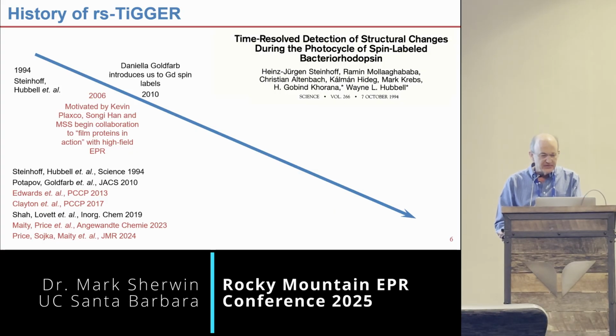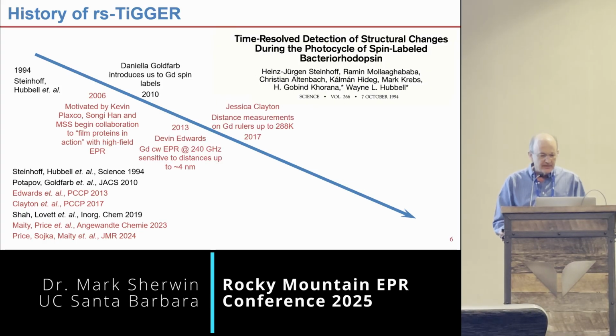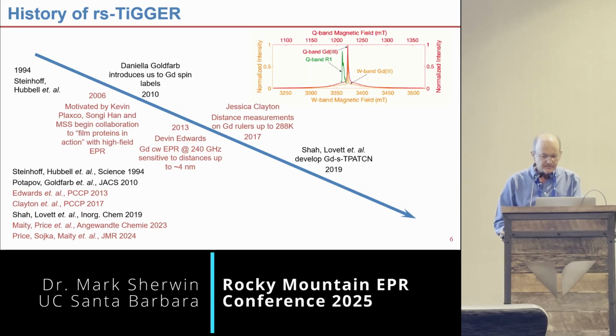Daniella Goldfarb introduced us to gadolinium spin labels in 2010. Then graduate students Stephen Edwards and Jessica Clayton showed that distance measurements can be made up to almost 4 nanometers and even at room temperature.